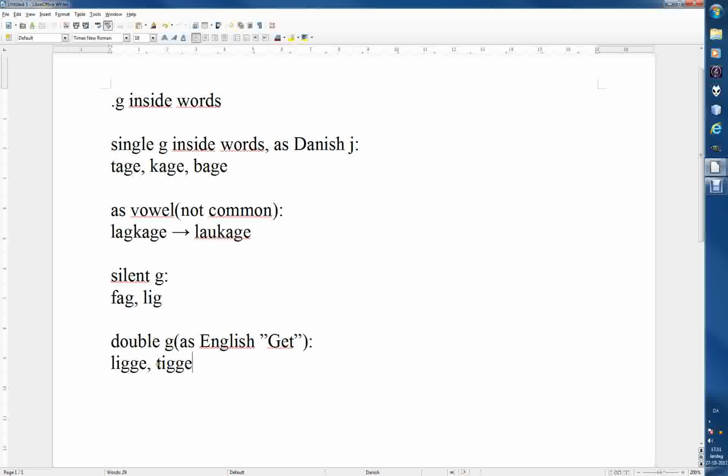Here you actually have the g sound inside words where you have the double G. Not having thought about it, I won't promise that it's the same in all cases, but it might be. So if you're in doubt, you can just pronounce the two G's like g, as in the English get. And that's that. So bye for now.